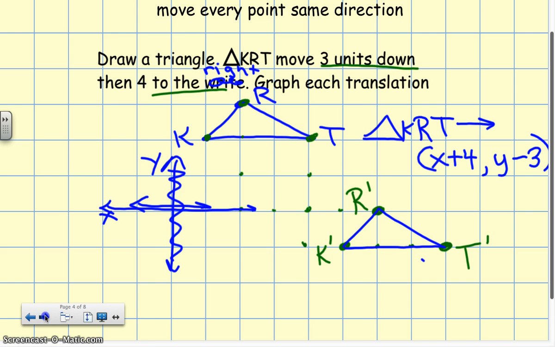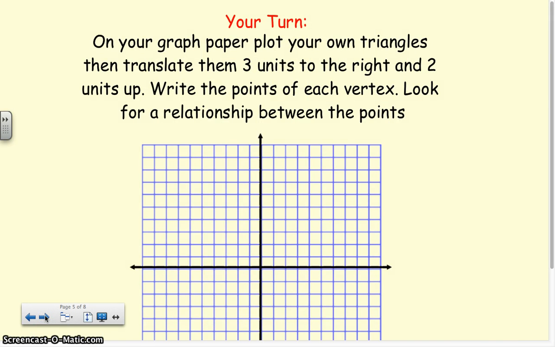All right, we're going to do another one. On your graph paper, I want you to graph a triangle. Call it ABC. And then I want you to translate it 3 units to the right.